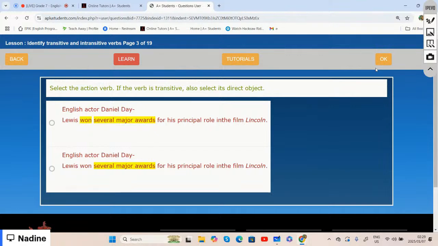So, if we were to identify the transitive verb and the direct object, is it option one, won several major awards, or option two, several major awards? Which one is correct?